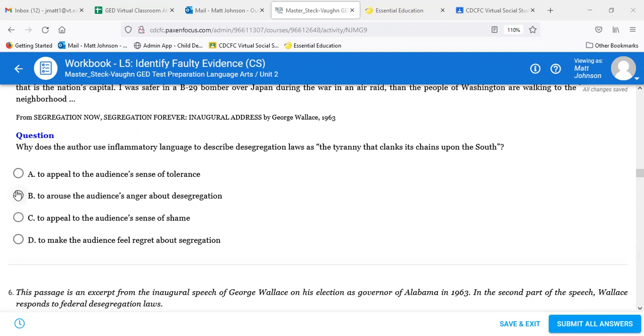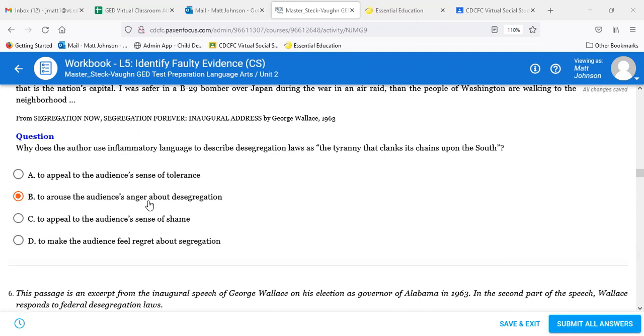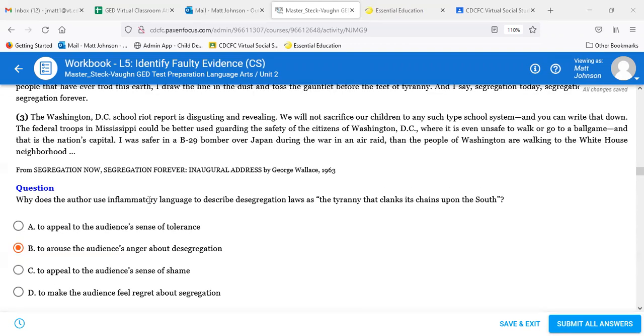No, anger. So he's supporting segregation. He's supporting keeping Jim Crow laws and things like that. So he's trying to whip these people up into anger about the federal legislation, the Civil Rights Act and things that are going on in DC, for his people.